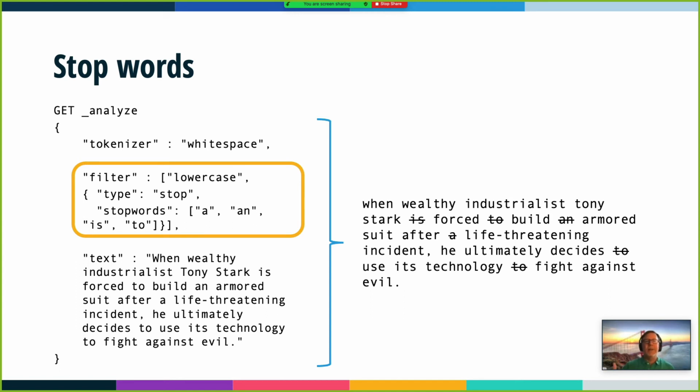So its presence in a query is actually not helpful, and the match for an is not actually helpful in retrieving the correct results. A stop word during indexing is a removal of those terms from the text itself. So in this case, we're removing is and to and an and a so that we have a richer base for matching against.